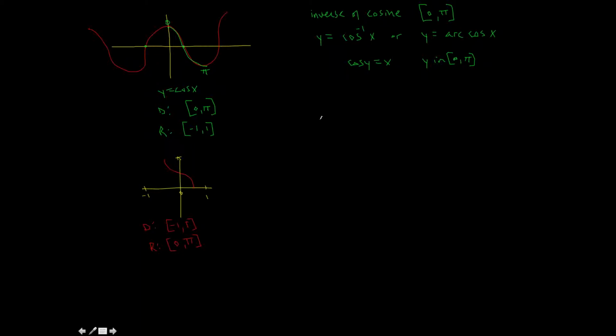And much the same way, we have some identities that you need to know. The cosine of the inverse cosine of x equals x when x is between -1 and 1.